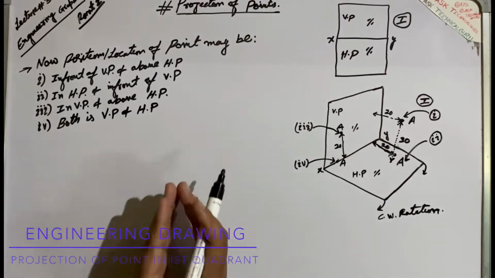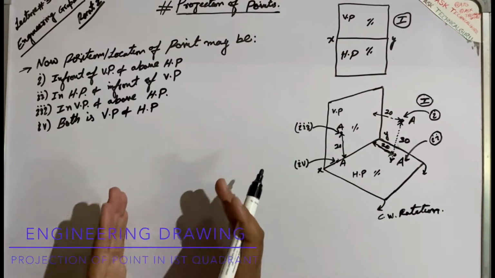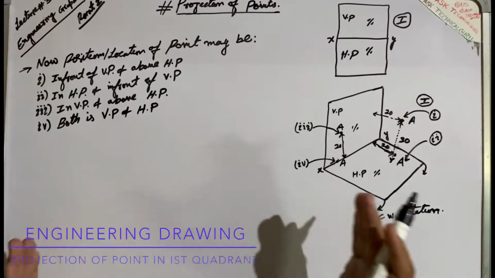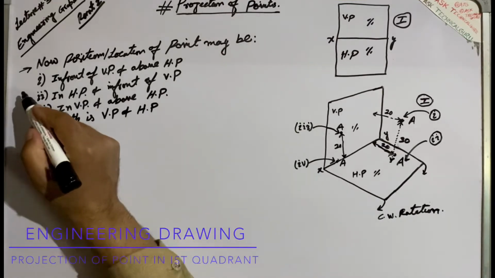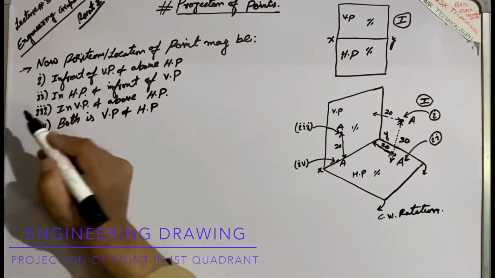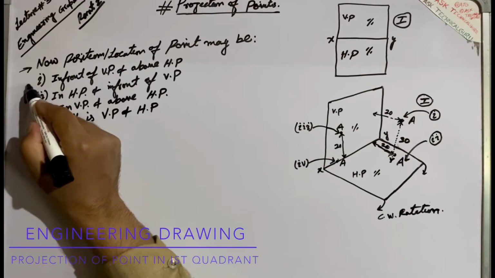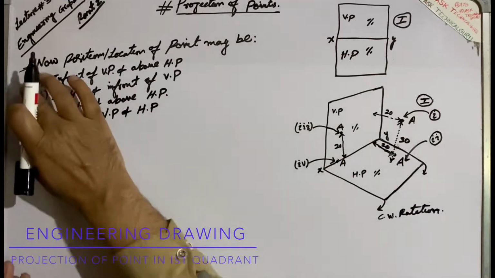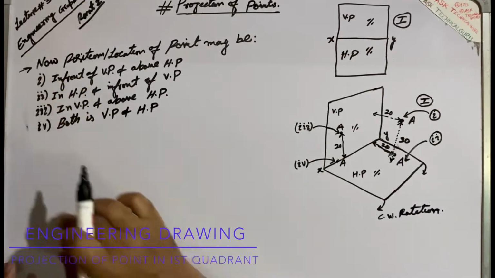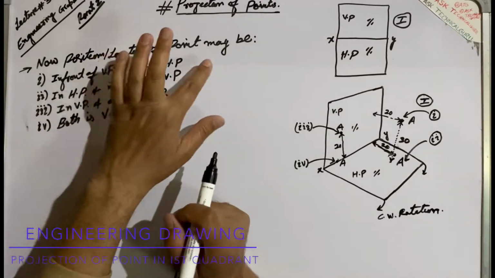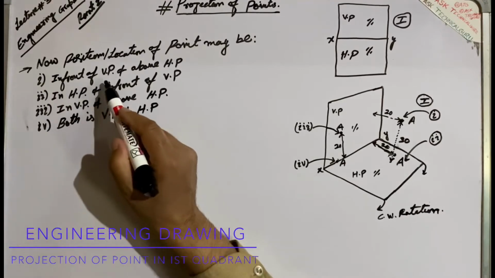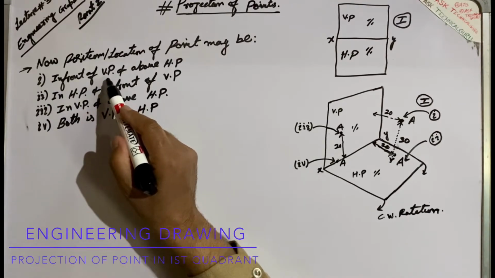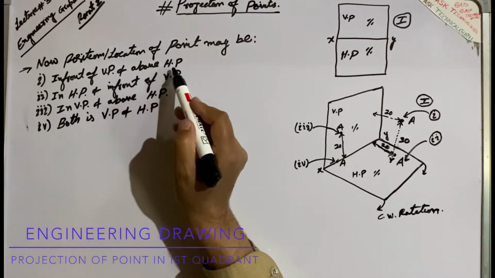First of all, we have to remember that a point in the first quadrant may be at different locations. I have summarized those locations into these 4 points. The position or location of the point may be, first, in front of the vertical plane, VP stands for vertical plane, and above the horizontal plane.